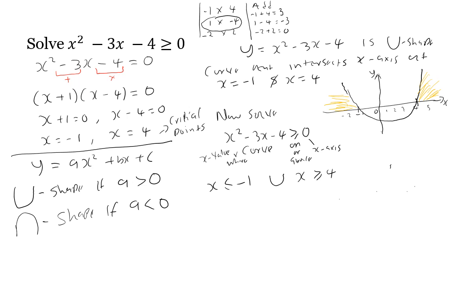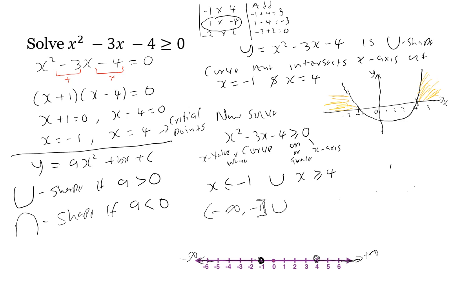Using the real line, we have x -1 and here x 4. So anything from here to -infinity, and here anything from here to +infinity. So we can write it as -infinity to -1, but here we use a square bracket to show that -1 is included since it is less than or equal to, union, and here we'll write 4 to infinity.